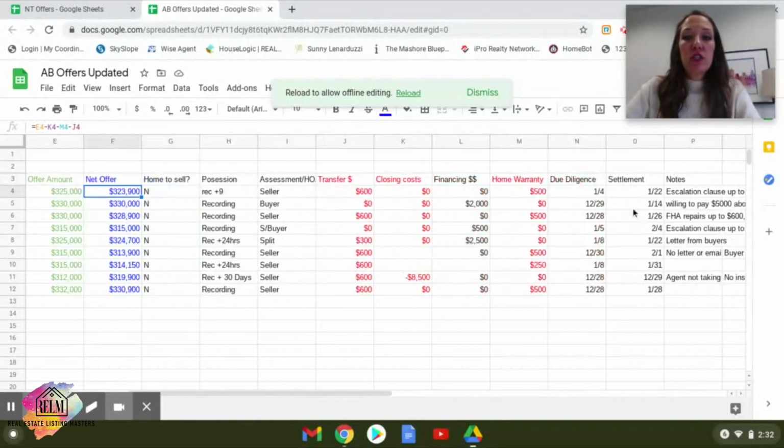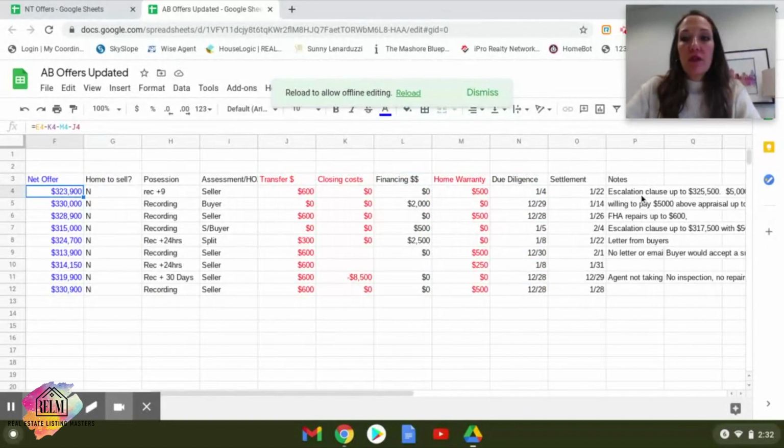In this situation, the seller wanted to close at the end of January. So you can see several of these are at the end of December, end of January, beginning of February. And so we can structure our conversations appropriately if we decide to move forward on one of the offers to make sure that the dates fall in line with what the seller is asking for.